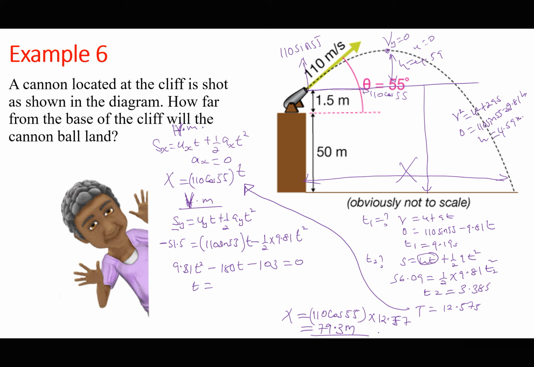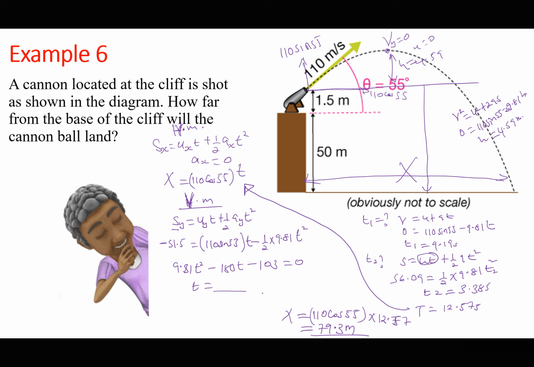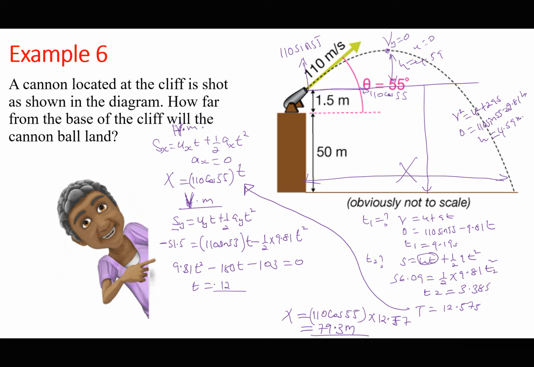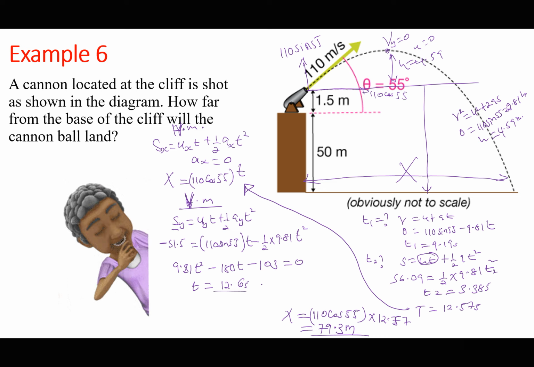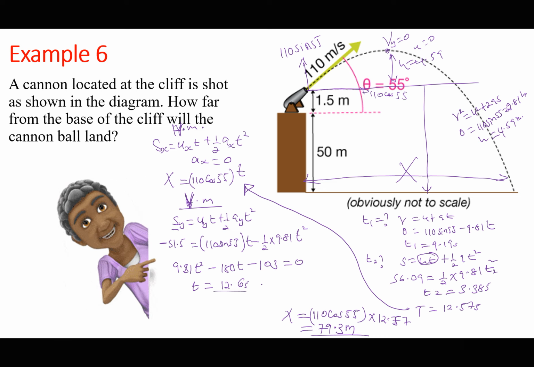Okay, so you can press your calculator and find the value of t here, but I know it is going to be 12 point something, or 12.6 seconds approximately. So that is how far.